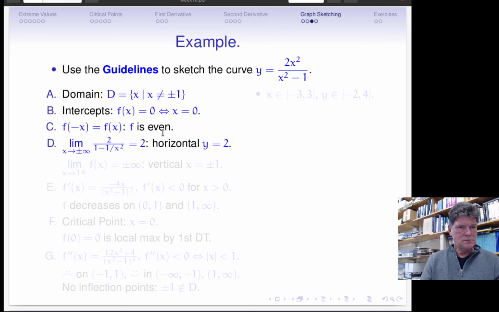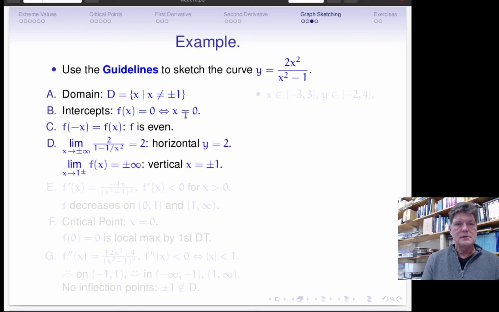So for the horizontal asymptote, for example, it's sufficient to consider the limit of the function as x goes to plus infinity and apply the usual trick here of dividing both top and bottom function by the highest power of x that occurs in the bottom function, x squared here, and then it becomes obvious that the limit as x goes to infinity of the function is 2, which makes a horizontal asymptote y equals 2.